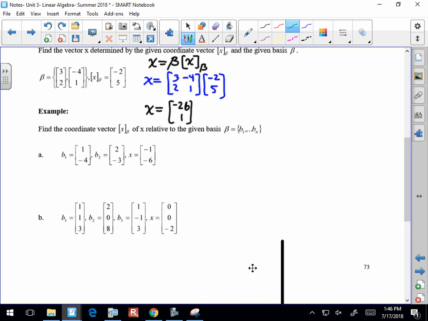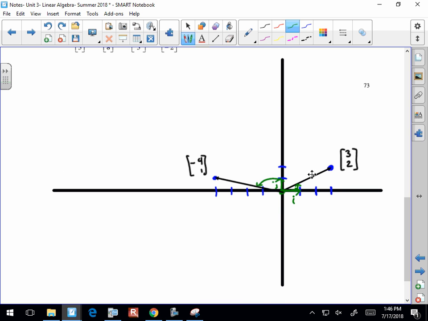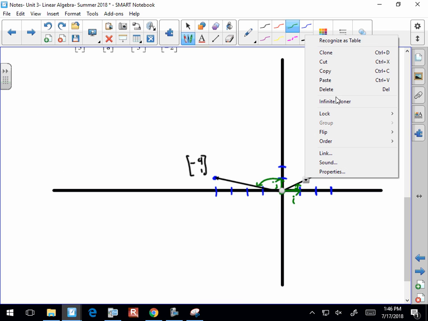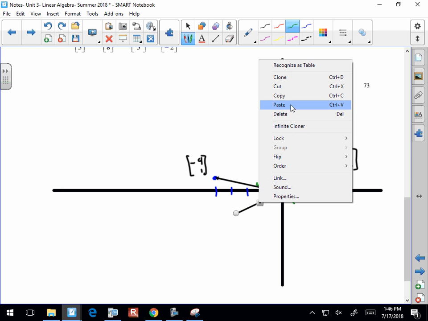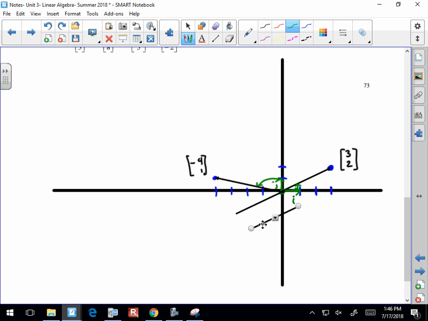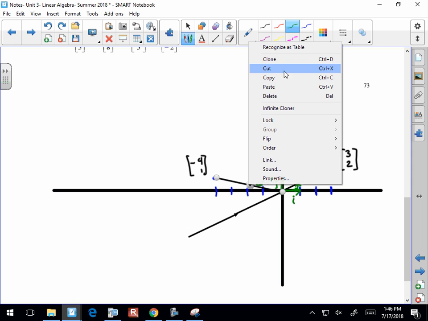Negative 2, yes, negative 2, 5. So I need negative 2 of these, and then 5 of these.